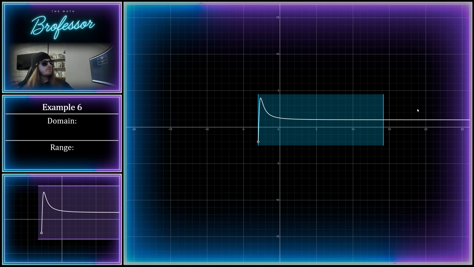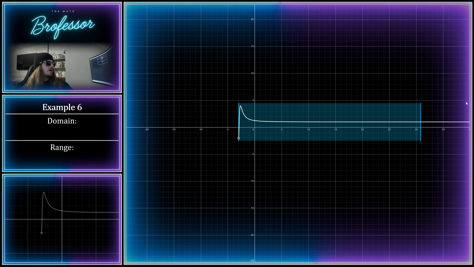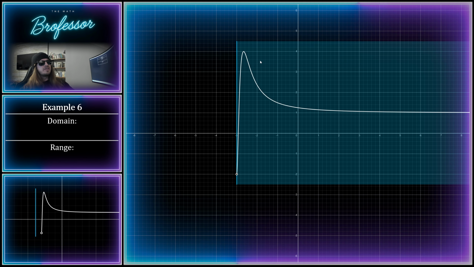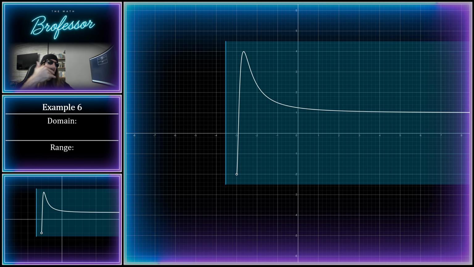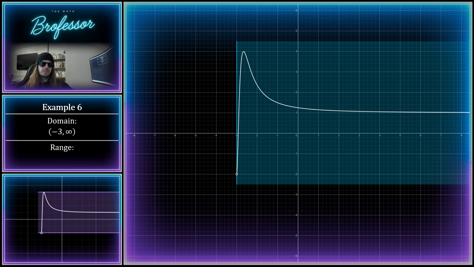So we can keep going. We could try to get on the right of this graph, but it's impossible because this graph does go on forever. So the domain here, we've got it boxed in on the left at -3, but you can't box it in on the right. So our domain is -3 to infinity, both parentheses.